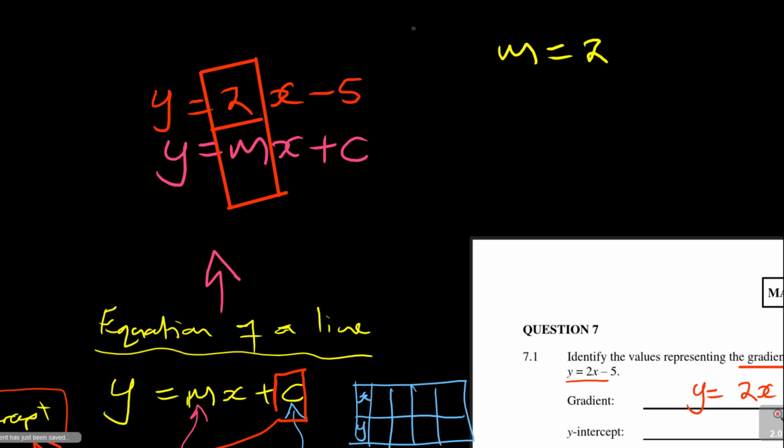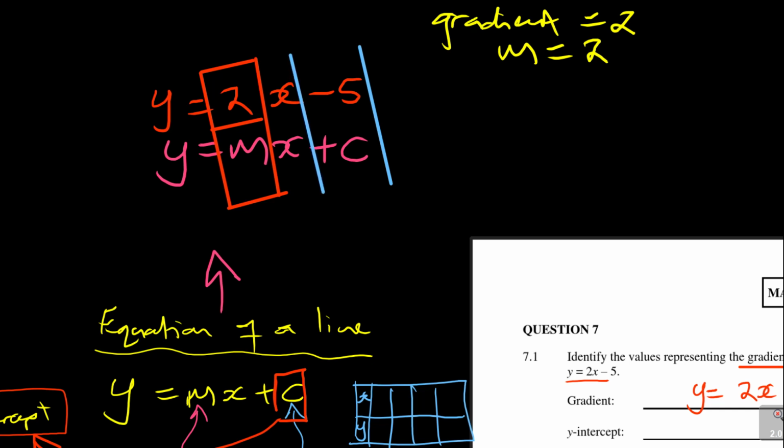Then you're going to say gradient is equal to 2. You already see the other answer, right? Then look at this. With the c, it's plus c. Take the plus c so that you can take the other sign. If you don't do that correctly, you'll get it wrong. So the c here must always be plus c.